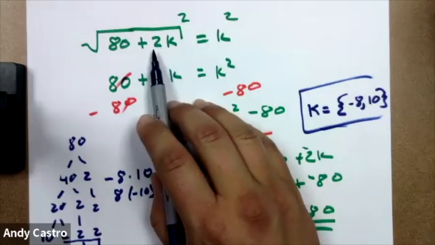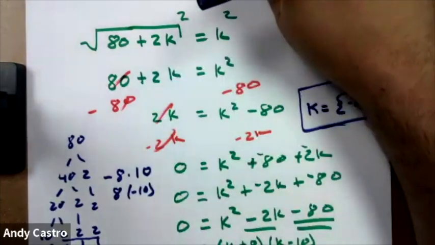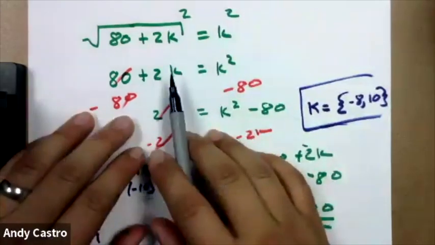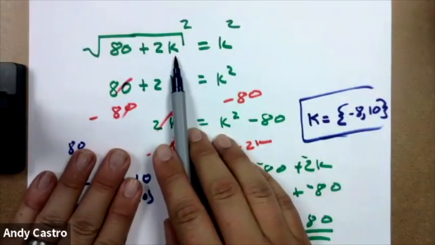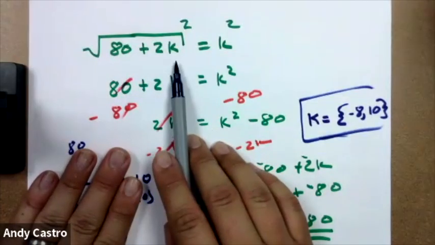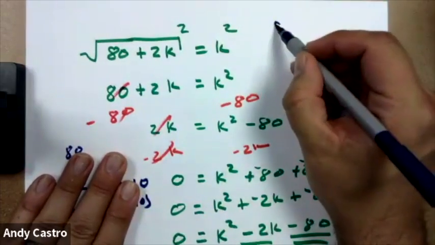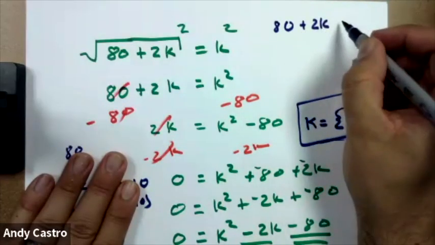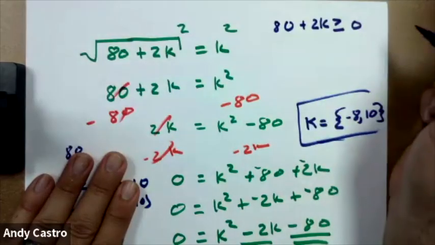That's 64. Yeah, I don't understand why -8 is not an answer. Well, actually, we know that k cannot be just any value. You can't have a negative underneath the radical. So 80 plus 2k has to be greater than or equal to 0.